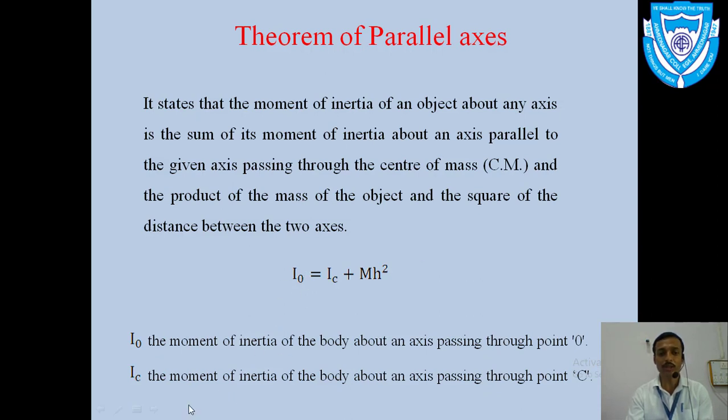See, IO is nothing but the moment of inertia of a body about an axis passing through point O. So we can say the moment of inertia of a body about any axis is equal to the sum of the moment of inertia of the same body when the axis passes through the center, and the product कशाचा आहे तर mass and square of the distance between two parallel axes.